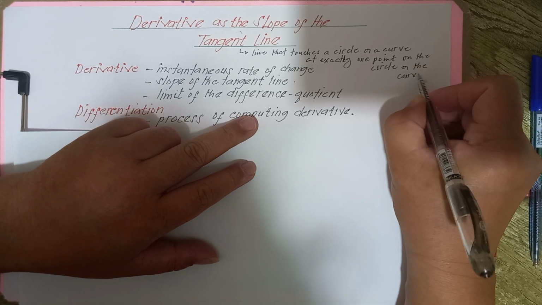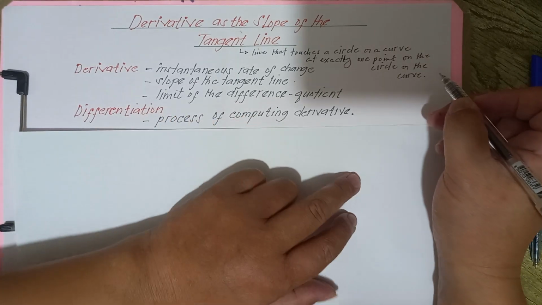So that is the meaning of the tangent line.